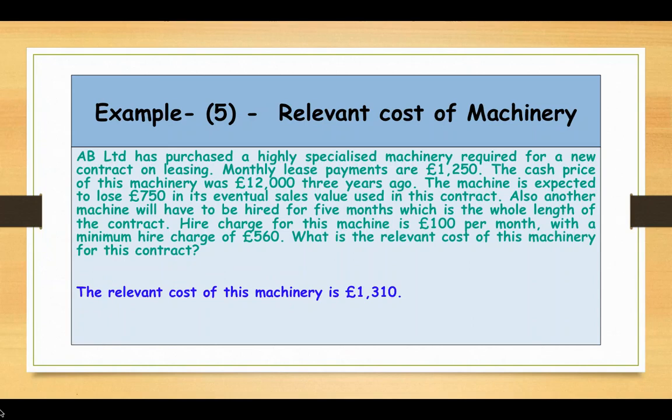If you hire it for 5 months, the hire charge is £500 because it's 100 per month, but the hiring company says, no, you've got to pay me £560. That's the minimum charge. So the relevant cost here is 750 plus 560, which is £1,310.